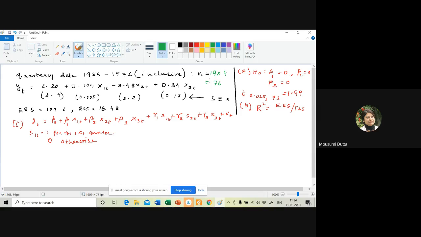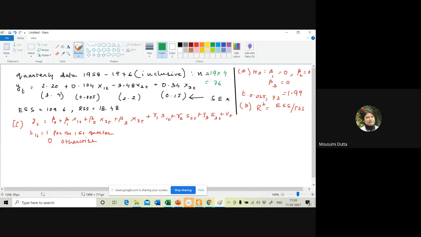First question, A. Test the significance of each of the slope coefficients. So I hope you are understanding.